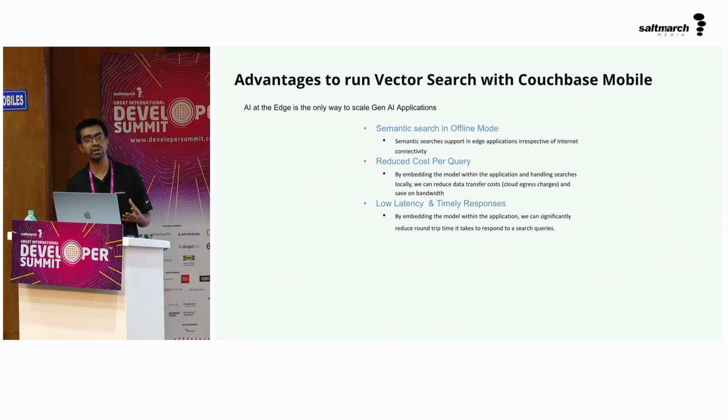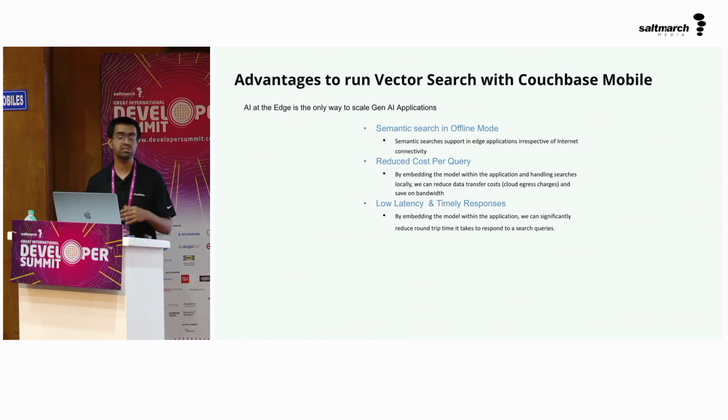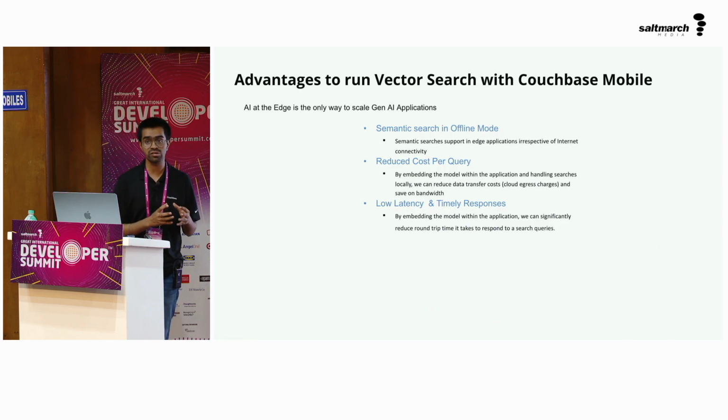You don't want to send your really important data to a cloud provider like OpenAI. So if you want to run everything locally on device, you can do that by running vector search locally. That means all of the embeddings that get generated and whatever querying you're doing, you can do in a very privacy focused manner without having to send your data anywhere else.